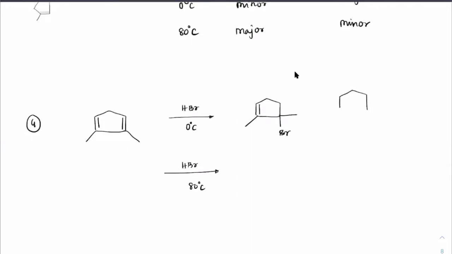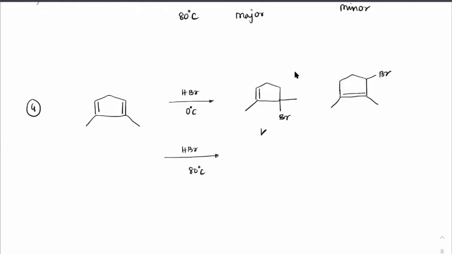And another with a double bond here, the center, methyl as it is here, and Br on this side. So this is KCP, this is TCP, and if I take this temperature, one at 0 degrees, one at 80 degrees, this is major, this is minor. Well, here this is minor and this is major.